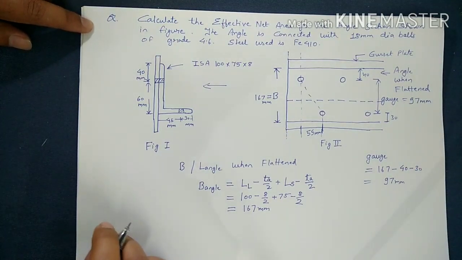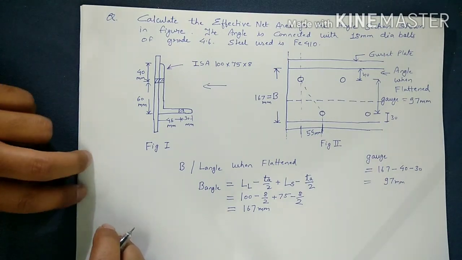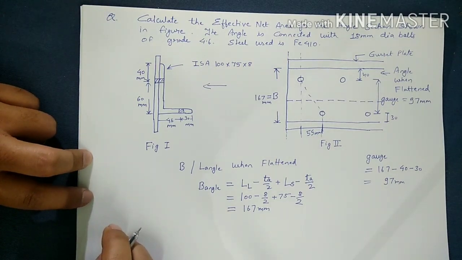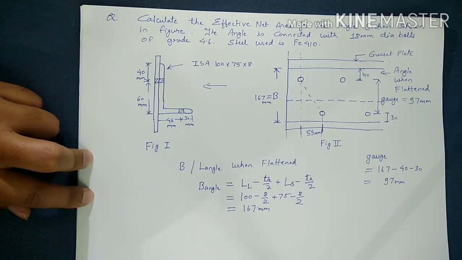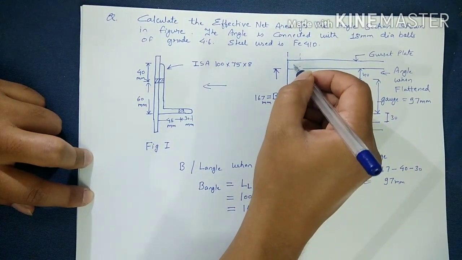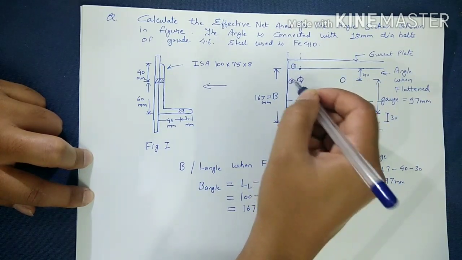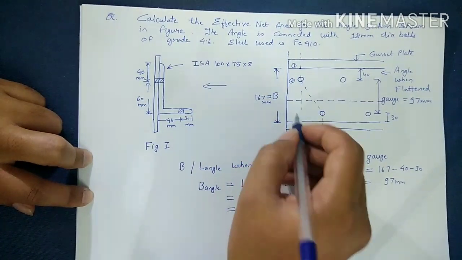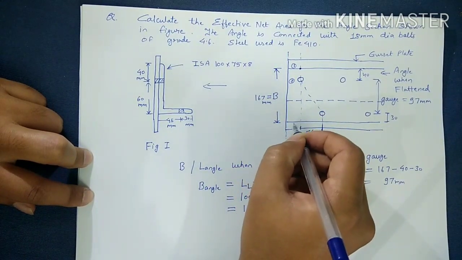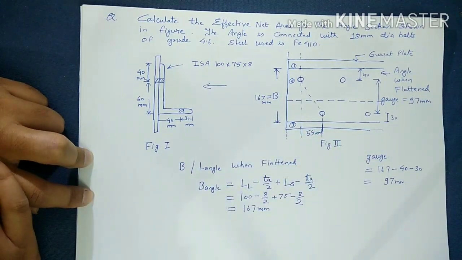Now we should find the net sectional area. Before calculating net sectional area, we should nominate the points. At this point we nominate 1, then this bolt 2, and this bolt at this end 3.